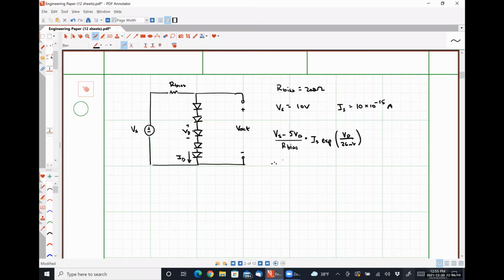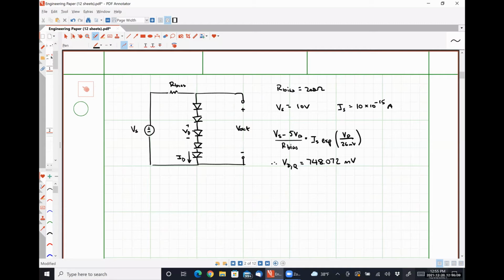We were able to solve this and find VD, and I'm going to call this VD comma Q, our diode voltage at our DC operating point. 748.072 millivolts is what I got. I believe that's pretty close to what Annabelle got.